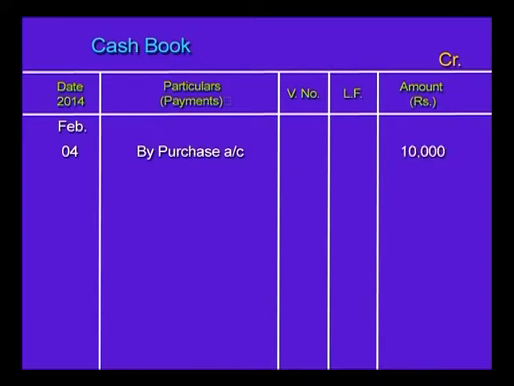First transaction on that side, you can see February 4, the date is mentioned in the date column. Particulars are mentioning by purchase account. Note that in the particulars column we have mentioned by purchases. This is because this purchase is for cash. So, the name of the party is not important, and the related amount of rupees 10,000 is shown in the amount column.